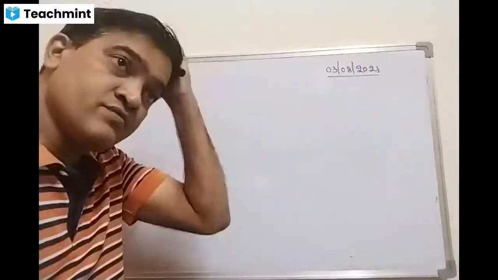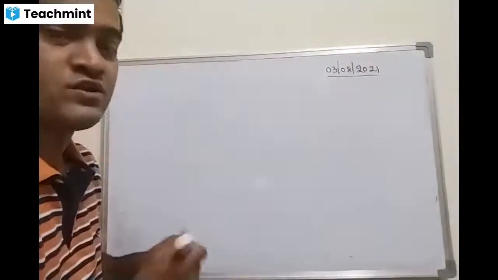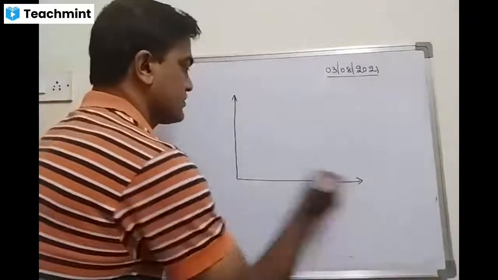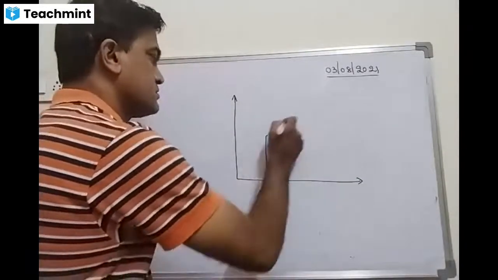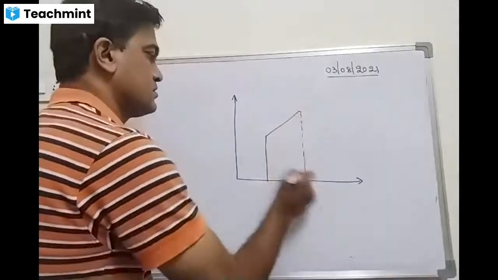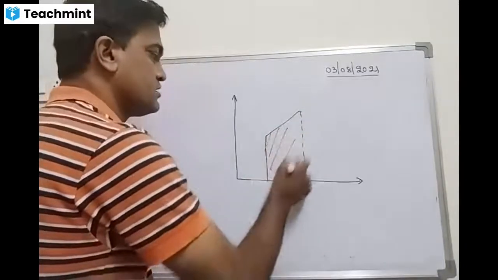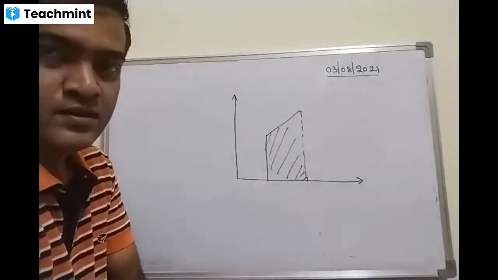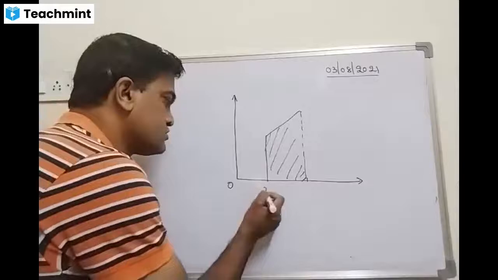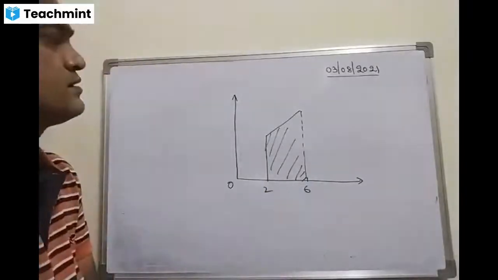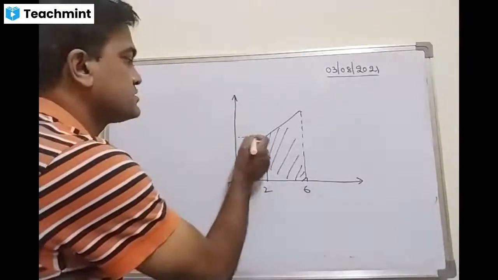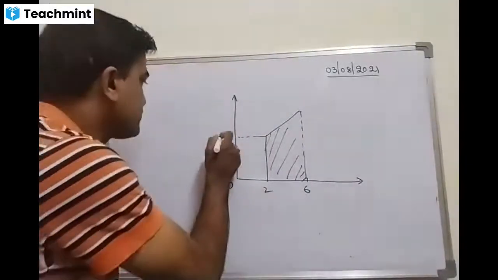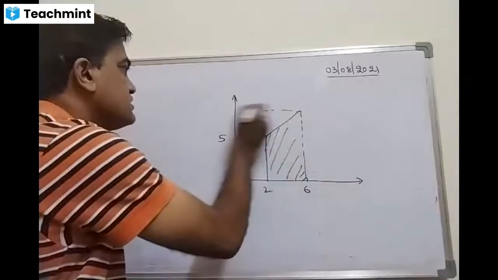For example, if I give you a scenario like this. I want the shaded area. Let me give you some numbers. Let me take the origin, 2, 6, and here let me take this one as 5, and this one as 10.